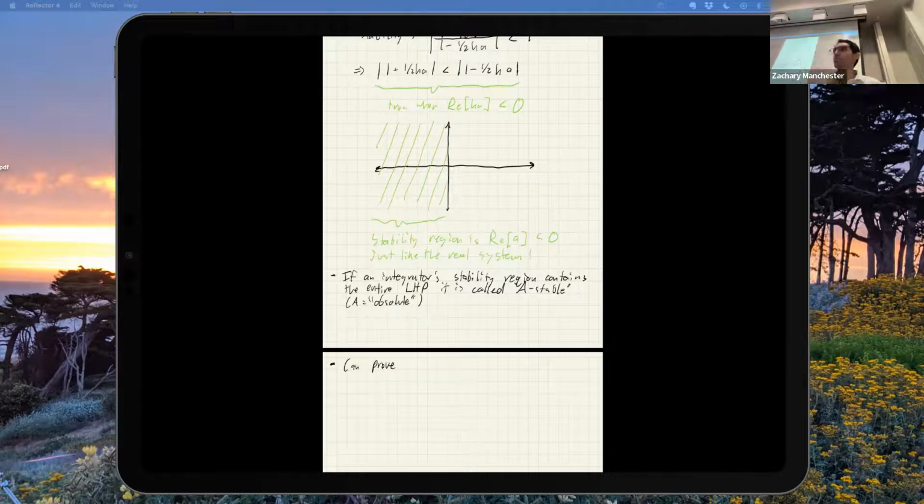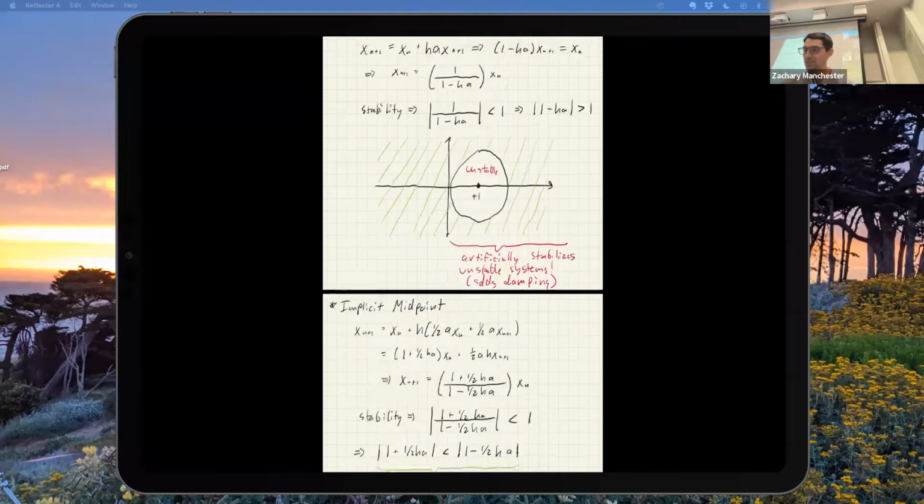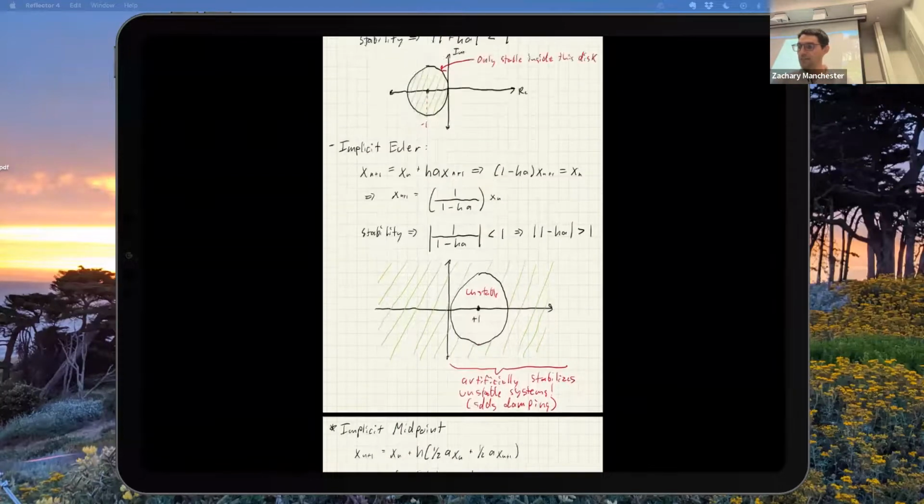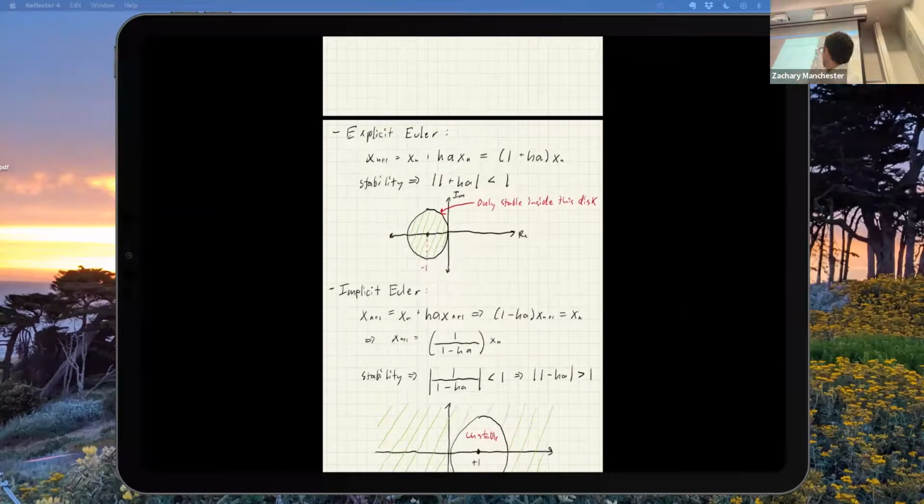It's actually not hard to prove this. It basically comes down to, if you notice, it turns out the implicit ones all end up with a rational polynomial here, as in they get stuff on the downstairs, whereas the explicit ones just have polynomials. And you can prove that because this one has a denominator, this rational form, it can be A-stable because of the rational form it takes.